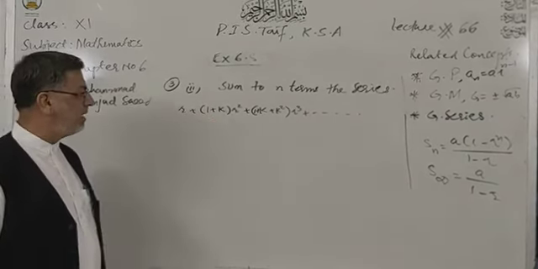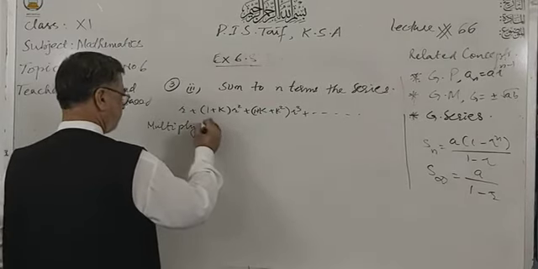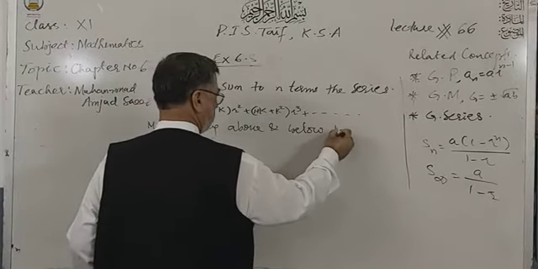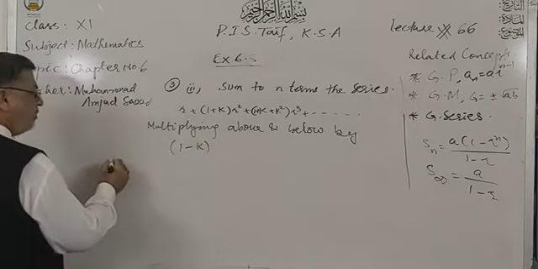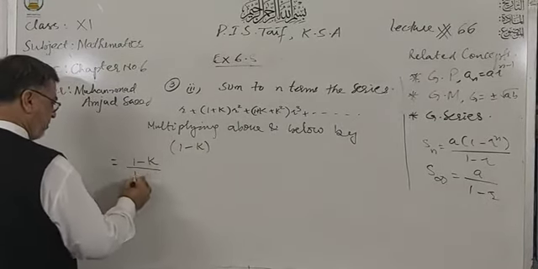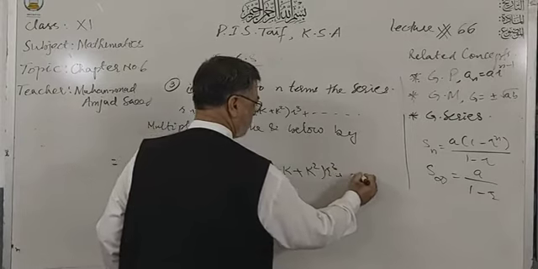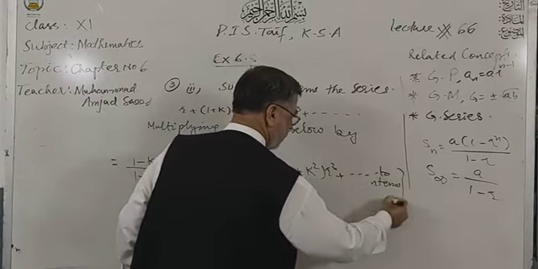Multiplying above and below by 1 minus k, you can have 1 minus k over 1 minus k into r plus (1 plus k) r squared plus (1 plus k squared) r cubed plus so on to n terms.